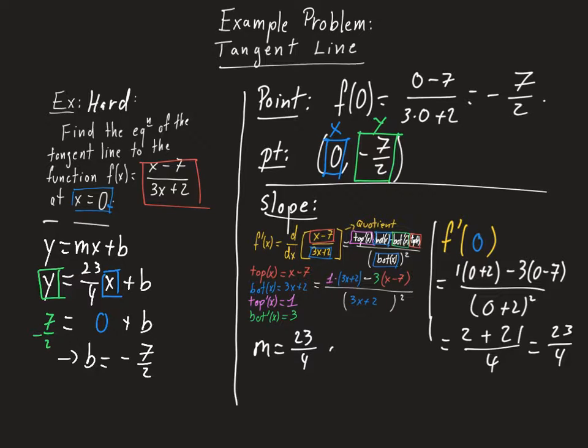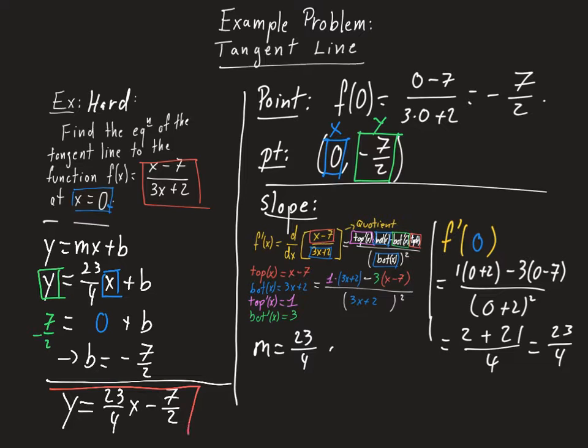And now that we have m and we have b, we can finish off writing the full equation for the tangent line. Our slope is 23 over 4, and our y-intercept is negative 7 over 2.